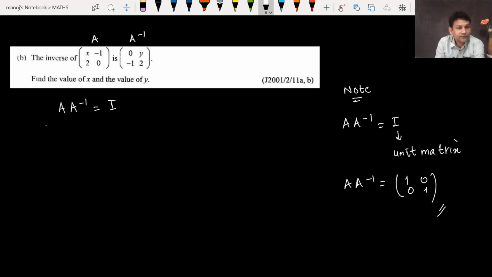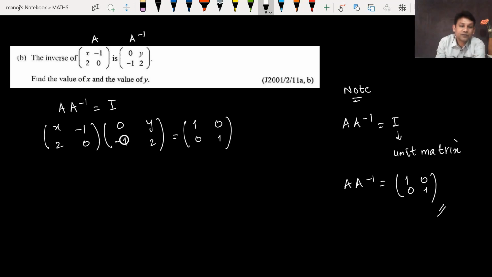What is A? x, minus 1, 2, 0. A inverse is 0, minus 1, y, and what is equal to identity matrix? 1, 0, 0, 1. Now it's very simple. It will be a long calculation to find the inverse of this part first and do the comparison with this. That's the long part.